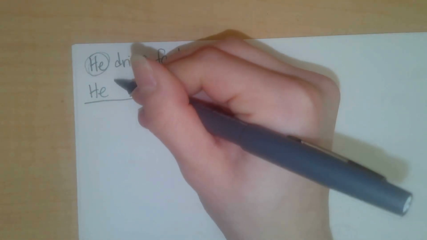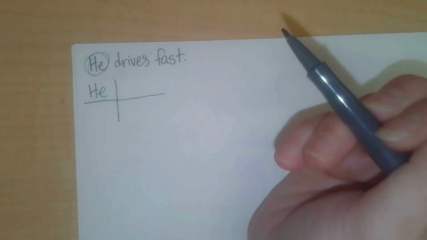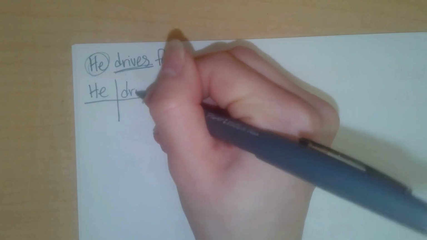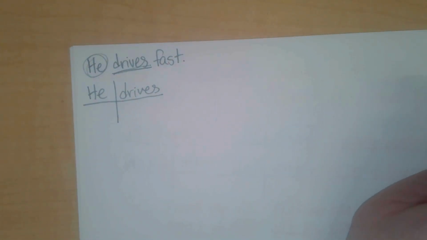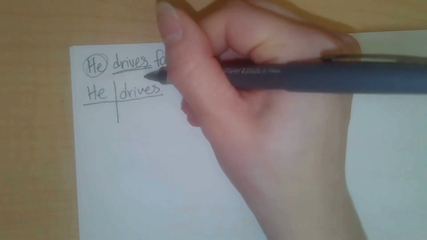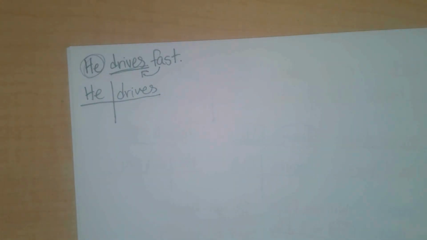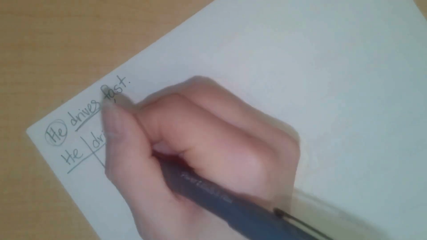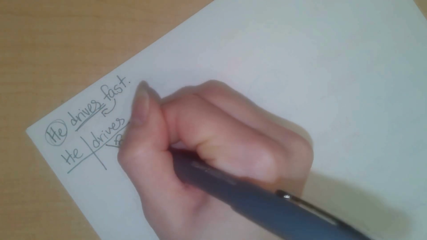There's no adjectives, so we can go ahead and draw our vertical line. And what is he doing? He is driving. He drives. Then we have fast. It's describing how he drives. So, off of drives, I'm going to draw my diagonal line and write down fast. That is how we do adverbs.